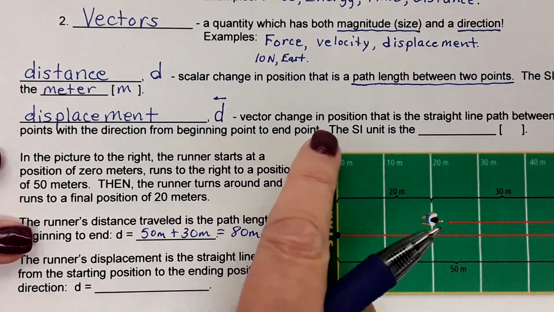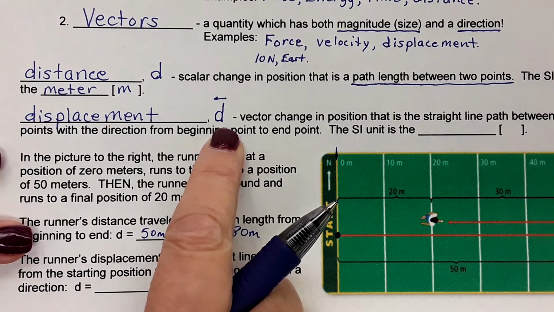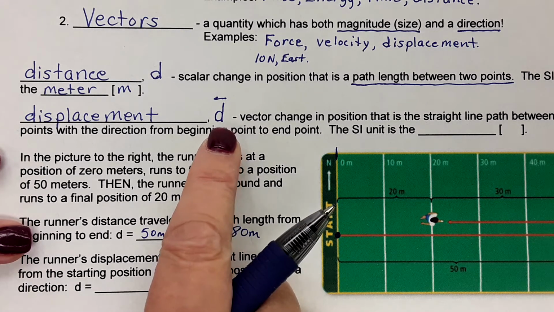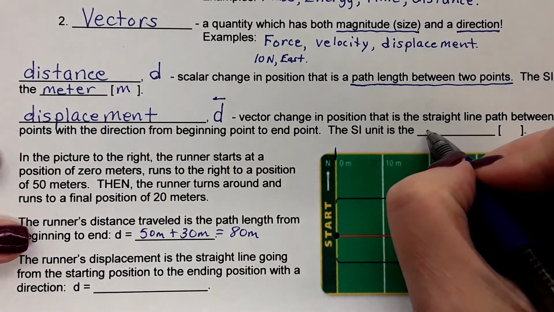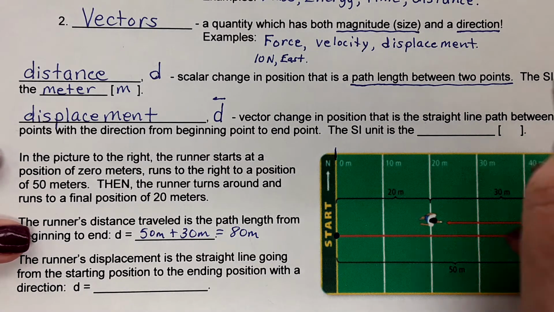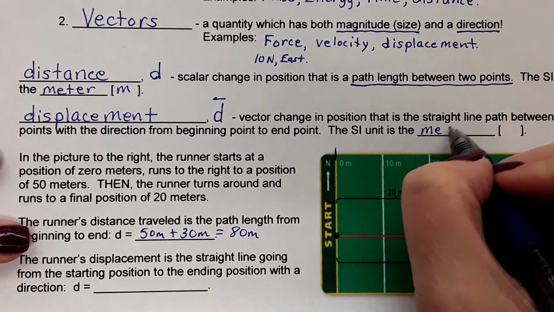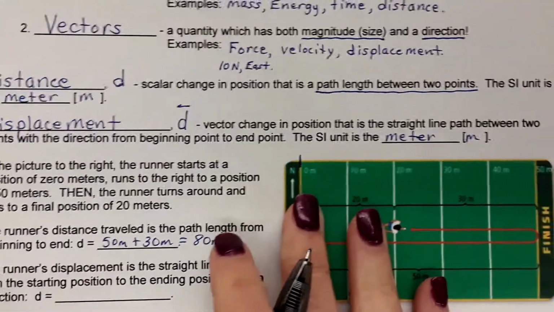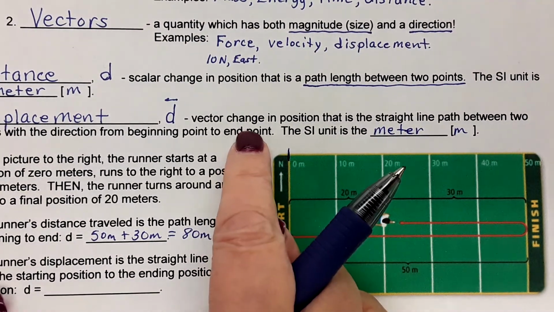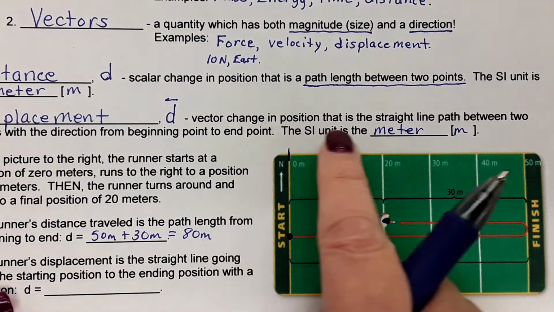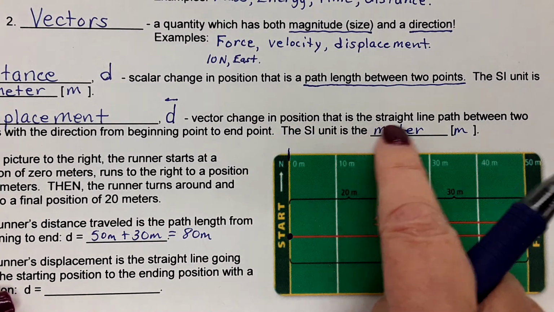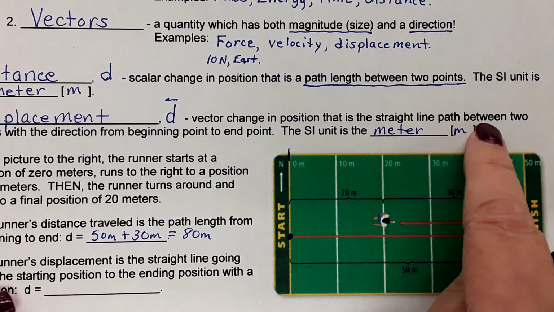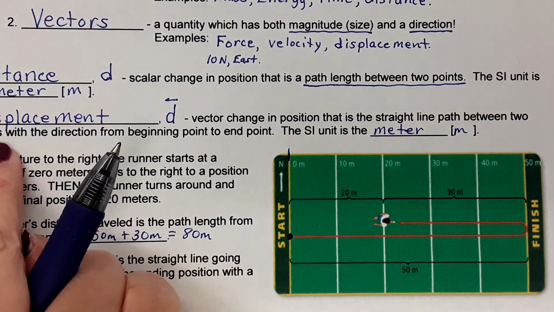So now it has magnitude, but it also has direction. The SI unit is still the same though, because we're still measuring how far. It's just how we measure how far that makes a difference. Notice what this says. It's a vector change in position that is the straight line path between 2 points. A straight line path between 2 points from beginning to end.